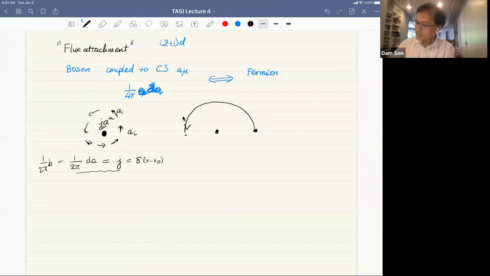And one can check that this Aharonov-Bohm phase is equal to -1 if the Chern-Simons term in the action is level 1.